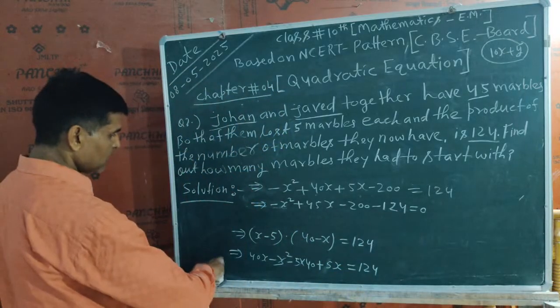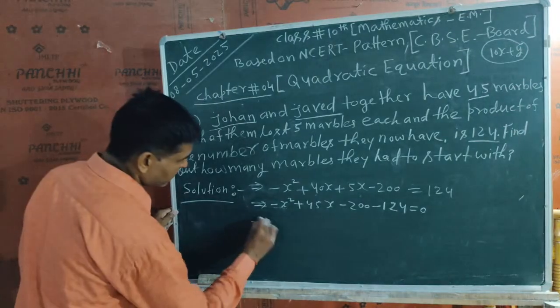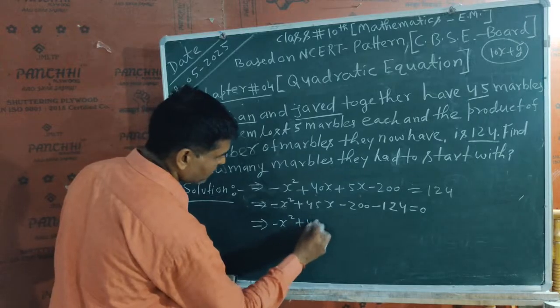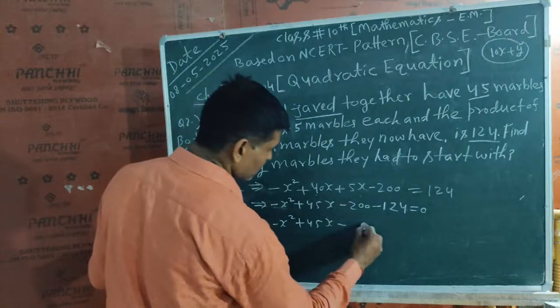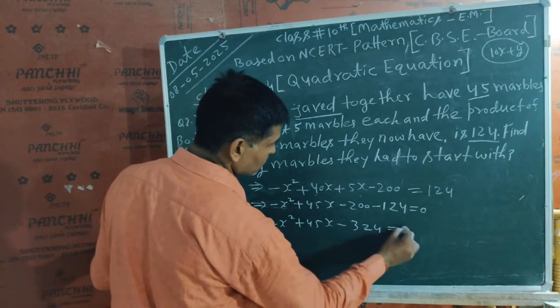Okay student, again I will simplify it. Minus x square plus 45x, and I will add 200 and 124, which is minus 324, equal to 0.